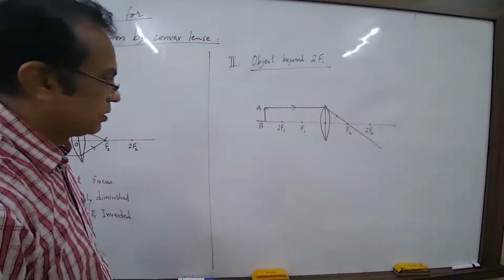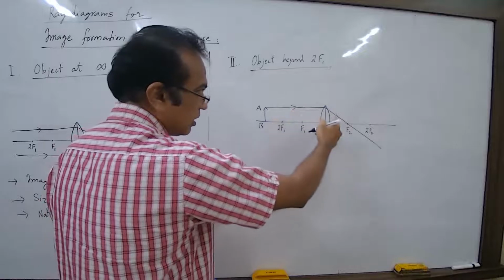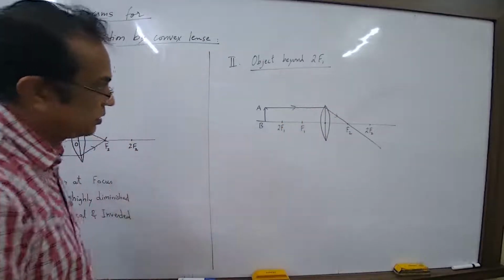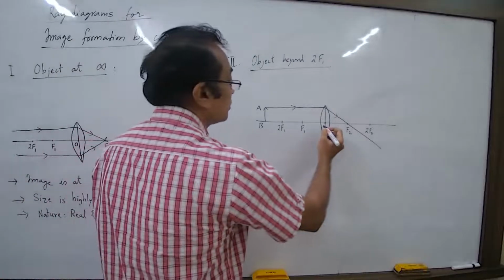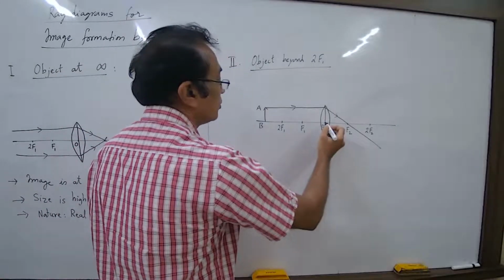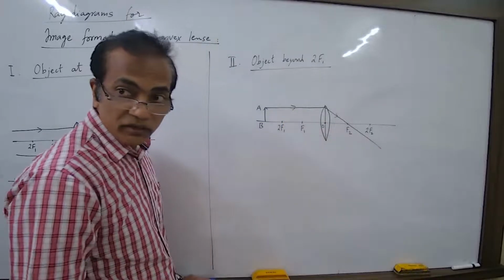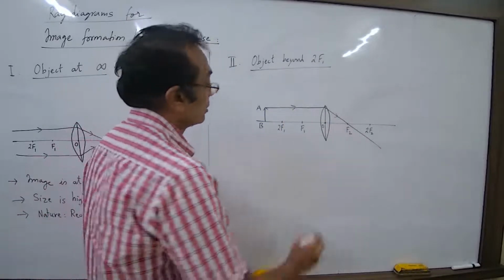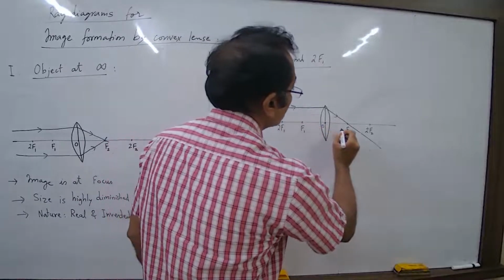So you have to show the direction before and after refraction. Now what about the second ray? The second ray you will take passing through optical center. Any ray which passes through optical center goes undeviated. Correct? So let's make it pass through.